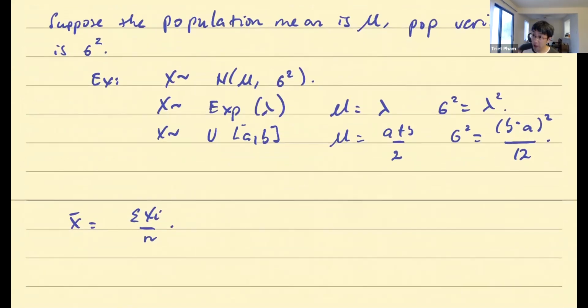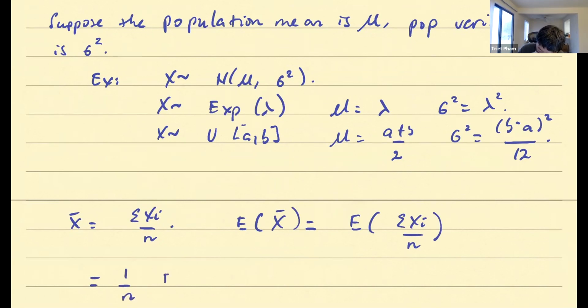Then X bar is a random variable. I can calculate its mean, or at least attempt to. The expectation of X bar is very easy to calculate because it's the expectation of the sum of xi over n. Let's spell out the calculation. First of all, the 1 over n comes out because of the linearity of expectation.